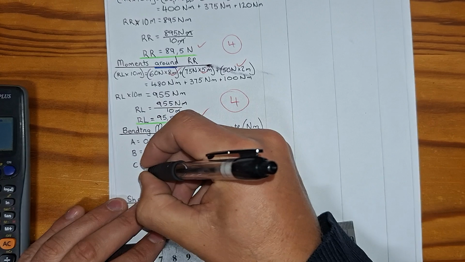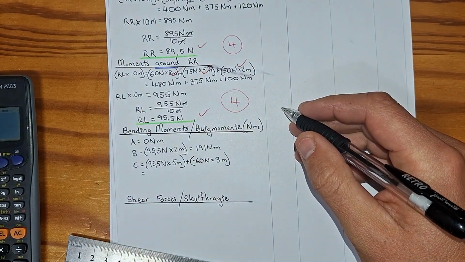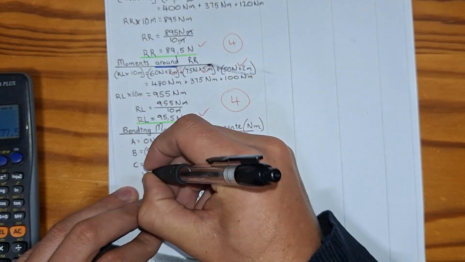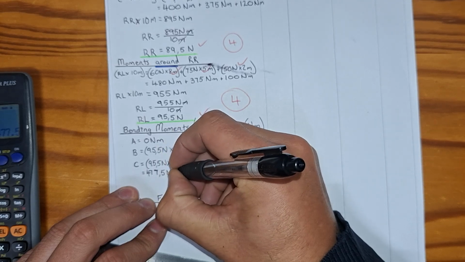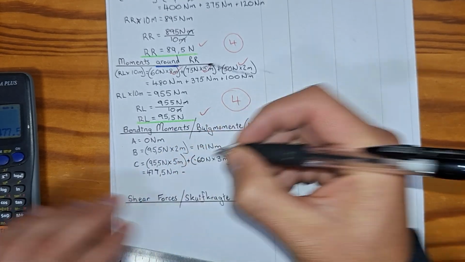Okay, then we will have to calculate this. So it's 95.5 times 5 equals 477.5 Newton meters. Positive times a negative value will be a negative value.